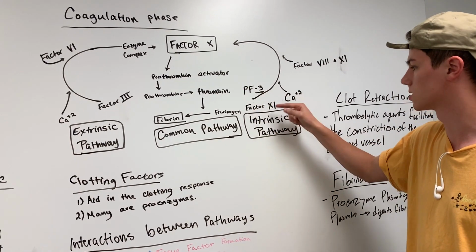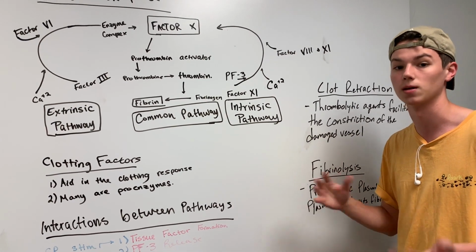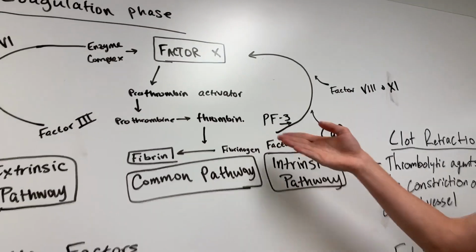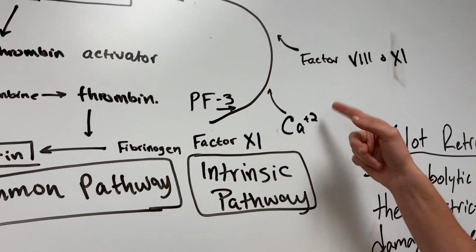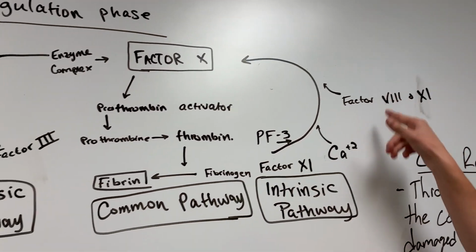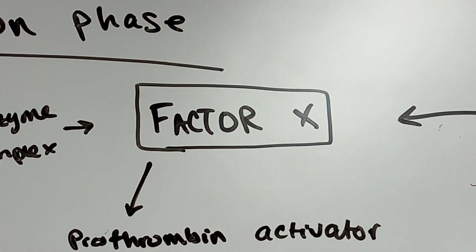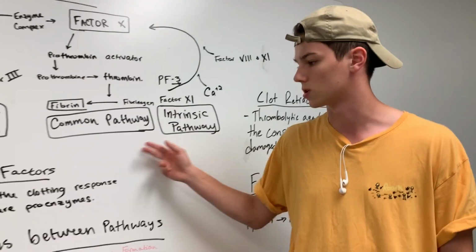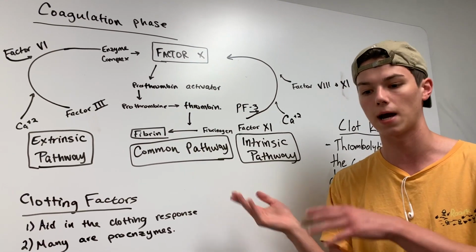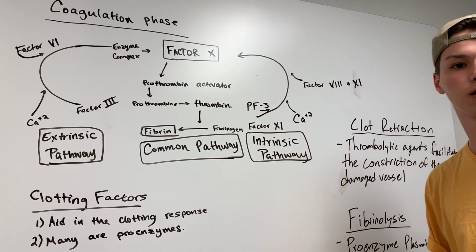So what happens is factor 12 will sense or be stimulated by and become activated by collagen fibers, and then PF3 will combine with factor 12 as well as calcium, and later on factor 8 and 9, and once those all come together, it'll become another enzyme complex that can activate factor X. So all of these factors are clotting factors, which aid in the clotting response, and they're typically proenzymes, so they must be activated before they become an actual enzyme to be doing catalytic work and other things.